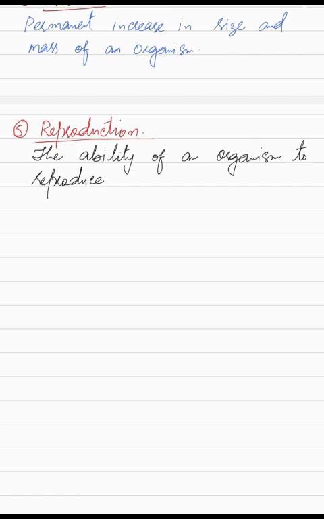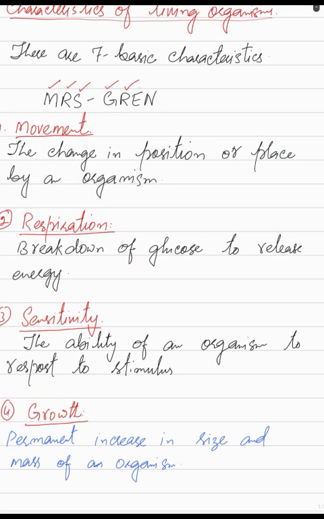Reproduction means the ability of an organism to reproduce and produce fertile offsprings. That is reproduction.